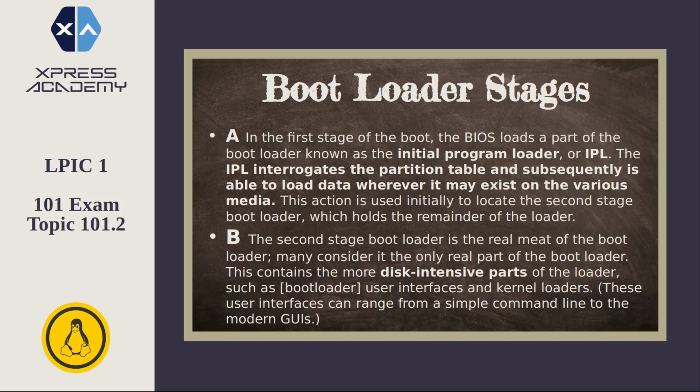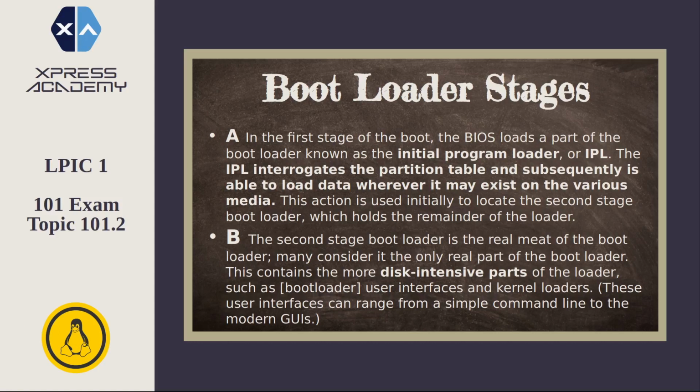The second stage of the bootloader is the real meat of the bootloader. Many consider it the only part of the bootloader. This contains the more disk-intensive parts of the loader, such as user interfaces and kernel loaders. These user interfaces can range from a simple command line to modern GUIs.